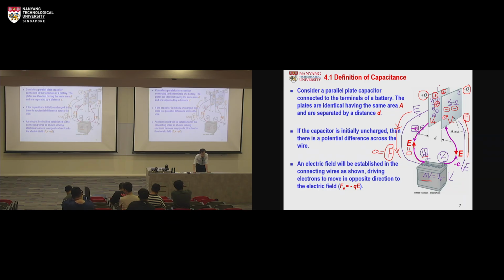So that is to say, when the potential difference between these two plates, E equals V plus minus V minus, that is here, it's delta V. When this condition is reached, then the charging process is finished. Right? This is the so-called defining condition of having the capacitor fully charged.